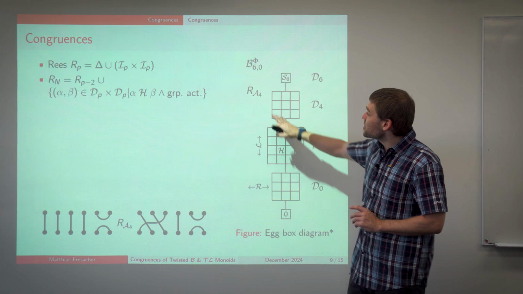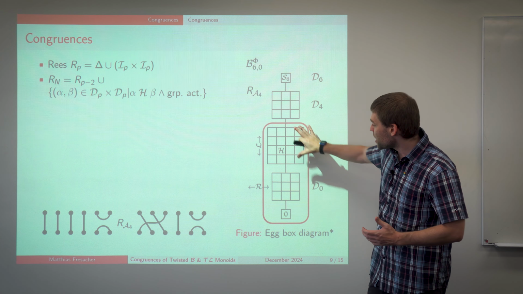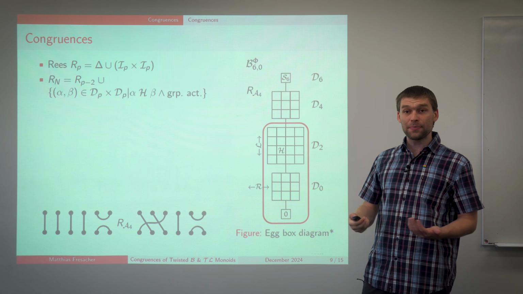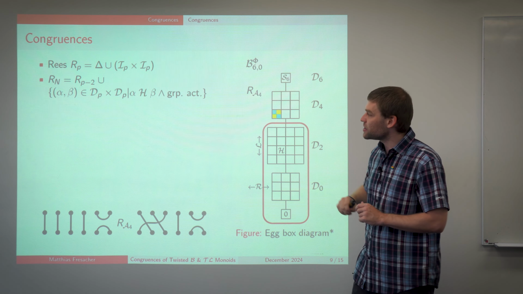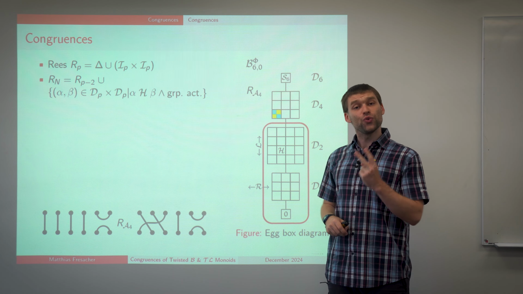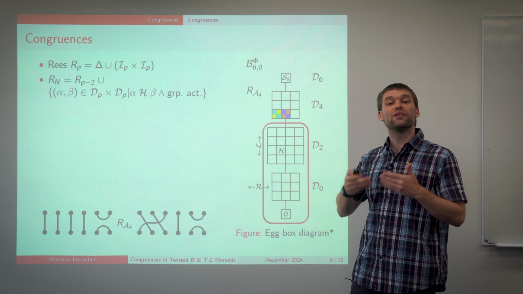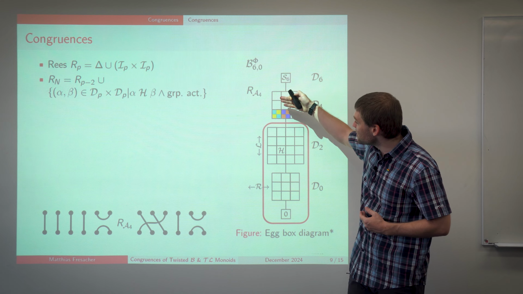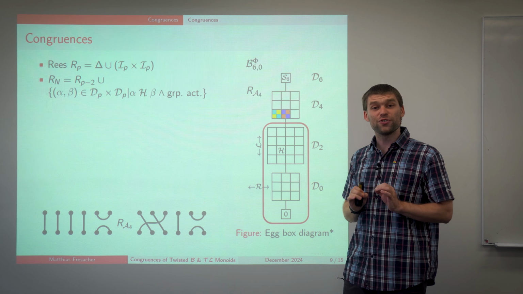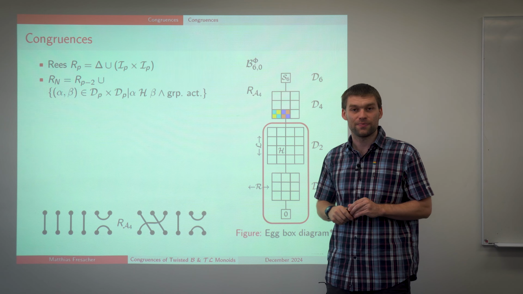So pictorially, looking at the alternating 4 group, we have R2, everything in the second ideal being collapsed. And then within an H class in D4, well, the alternating group has odd and even elements, so we're going to get 2 equivalence classes within the H class. And this gets repeated across each H class in D4. But it's important to note that the equivalence classes are different across the H classes.